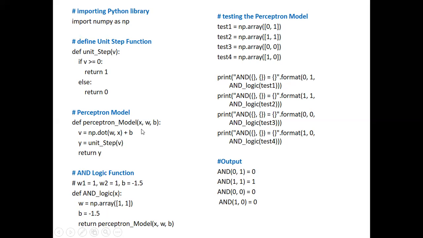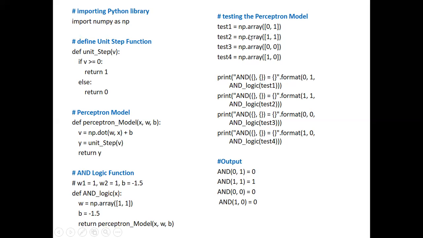So it will take the input vector, that is 0 and 1, weight 1, 1, bias minus 1.5. It will compute the input function with the product of weight and input and add bias to it. And the output will be given to the activation function, which will return the value either 0 or 1. Fine. So when you pass, this is the output.